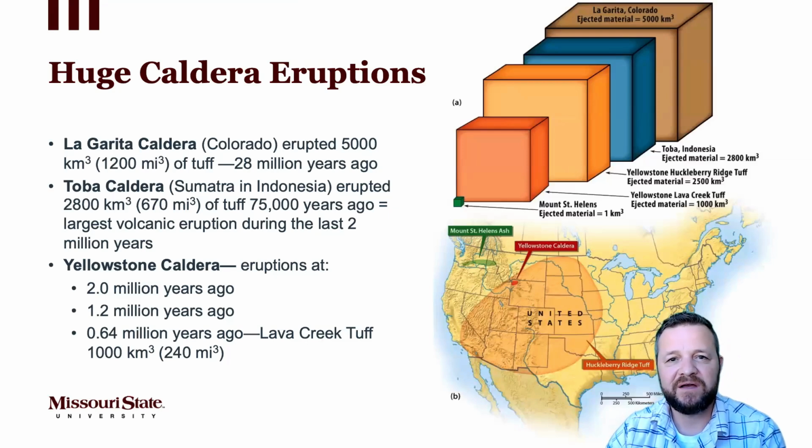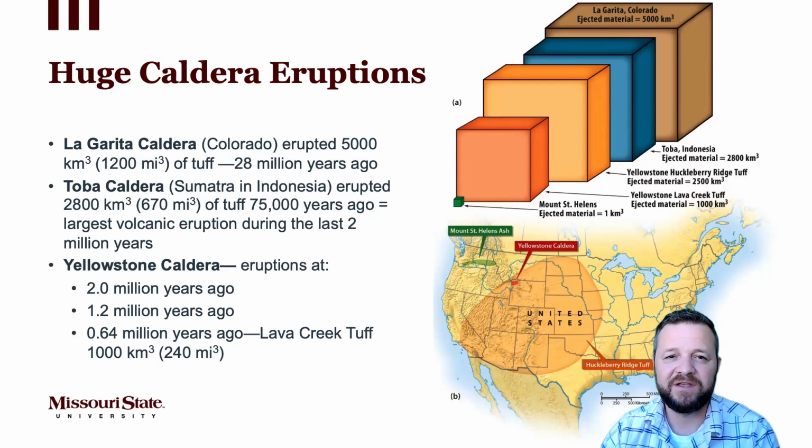The biggest one that we have record of in relatively modern times is 28 million years ago, the La Garita caldera in Colorado, which erupted 5,000 cubic kilometers of material, tuff, which is a mixture of volcanic pyroclastics that forms a rock. The second to that was the Toba caldera in Sumatra in Indonesia, which erupted about 2,800 cubic kilometers of material, and the eruption occurred in the last 2 million years or so.